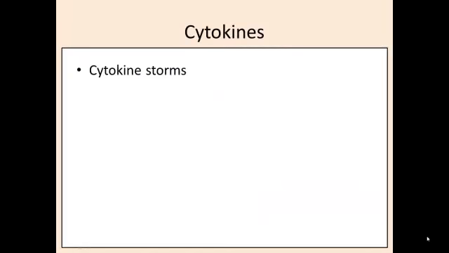Alright, let's talk about cytokine storms. Cytokines, as you may remember, are molecules that are released by cells to talk to other cells. Generally, when we talk about cytokines, we're talking about signals that immune cells are using to talk to other immune cells. So, here's what happens in a storm.